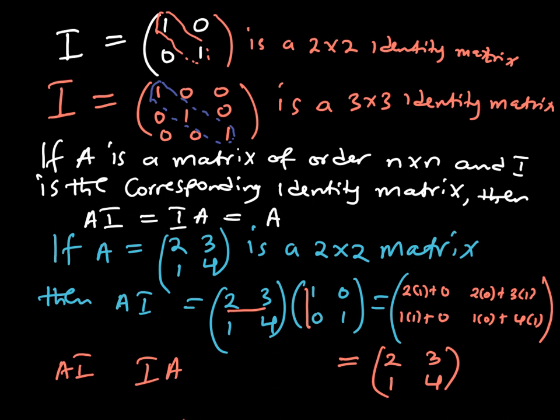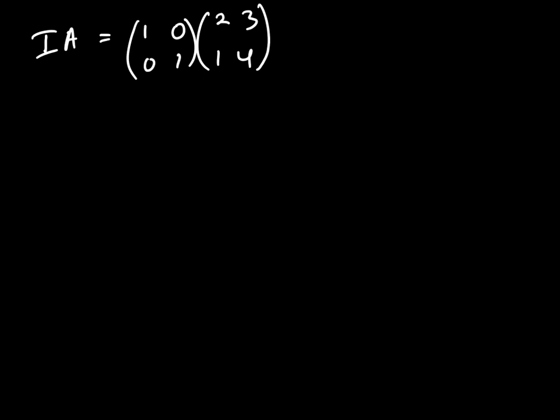Let's see I times A. So I times A is 1, 0, 0, 1 multiplied by 2, 3, then 1, 4. Keep the order of multiplication. Multiply row by column. So what do you end up with?